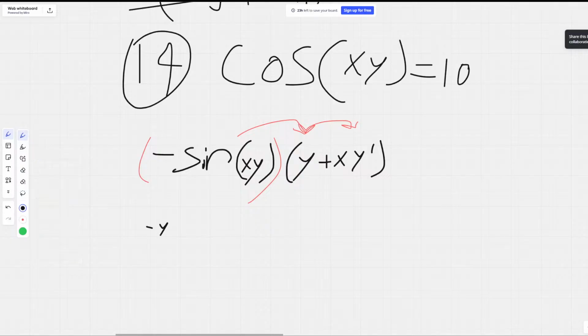That would then give you negative y sine xy minus x y prime times sine xy. And then there's this.